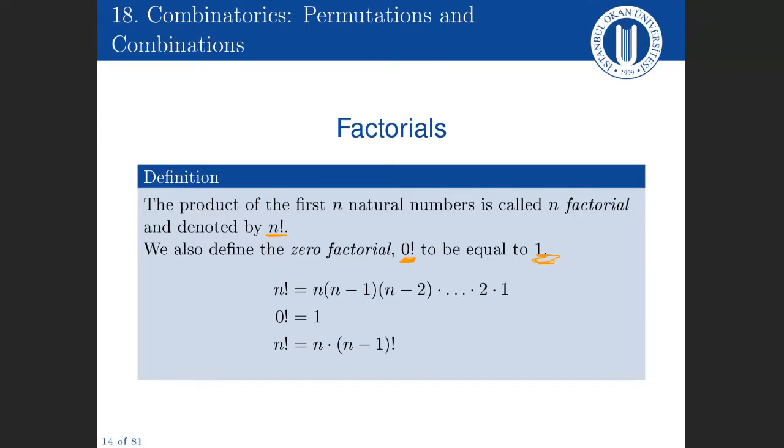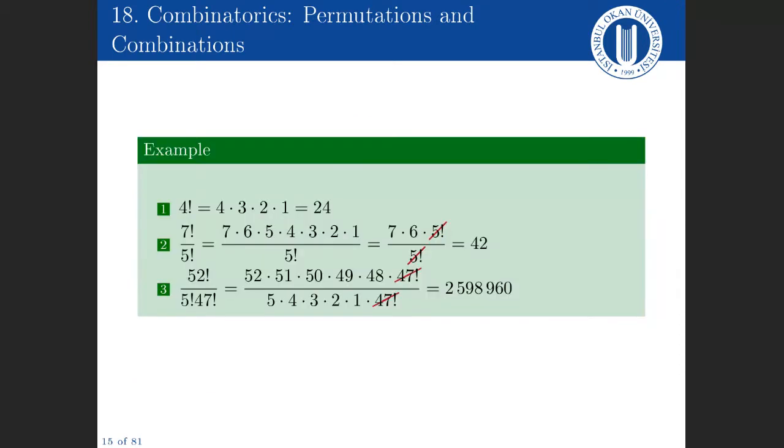So, for example, n factorial means n multiplied by n minus 1, n minus 2, multiplied by dot, dot, dot, multiplied by 2, multiplied by 1. For example, 4 factorial means 4 multiplied by 3 multiplied by 2 multiplied by 1, or 24.